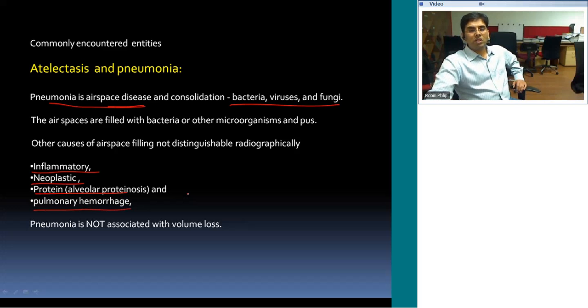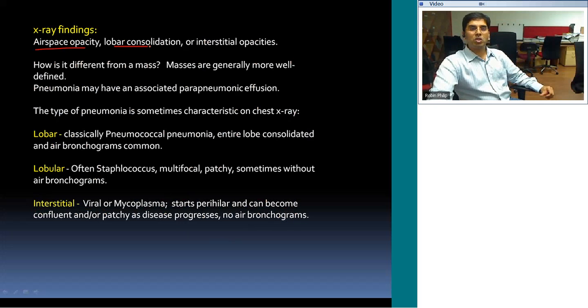Pneumonia will not cause a volume loss, whereas atelectasis does. I'll come to the difference a little later. How to differentiate between pneumonia and atelectasis? They may look alike on the radiograph. There are features to differentiate between the two. X-ray findings, you will have airspace opacity, lobar involvement, or sometimes interstitial opacities.